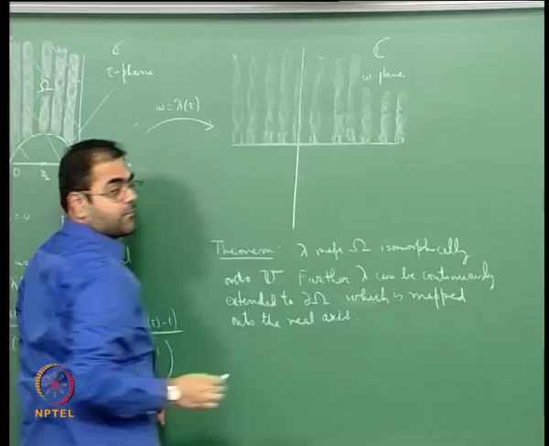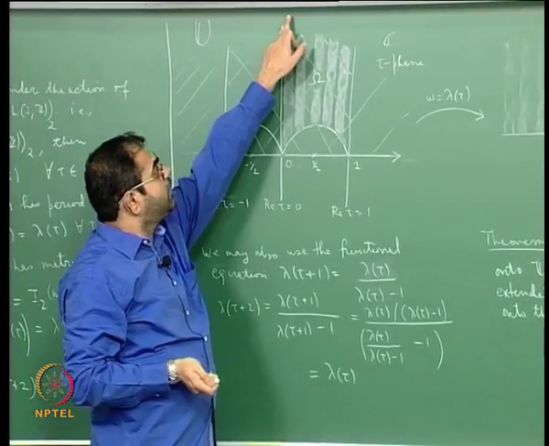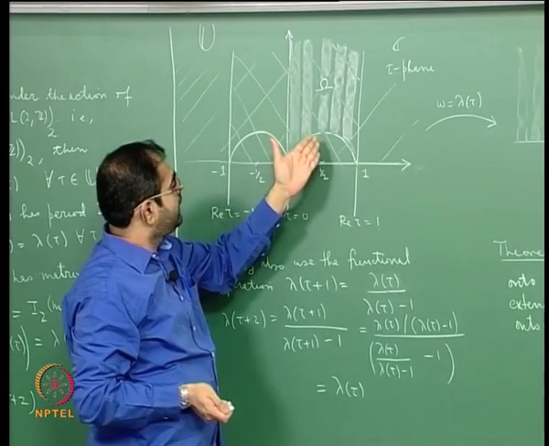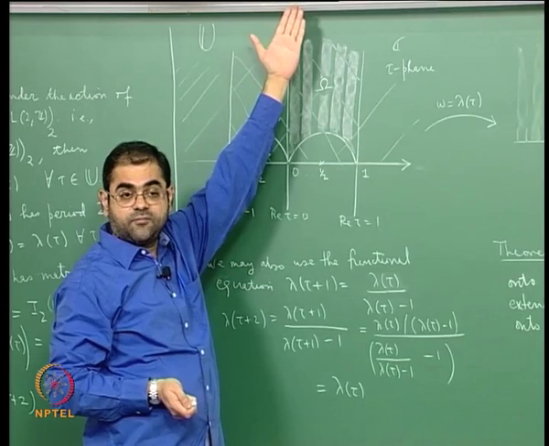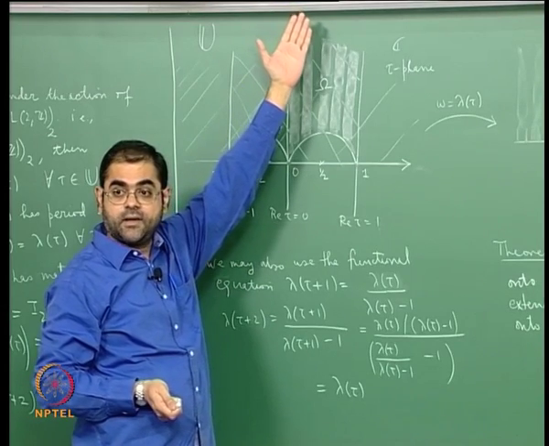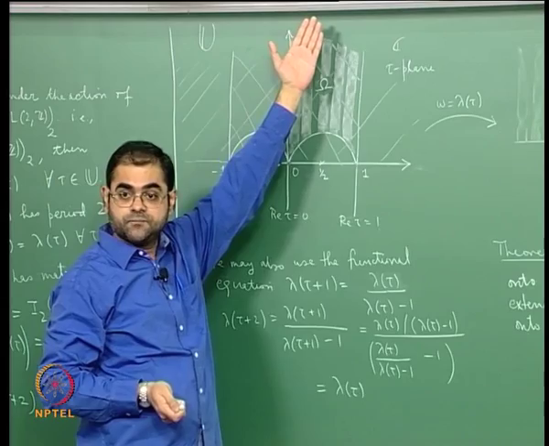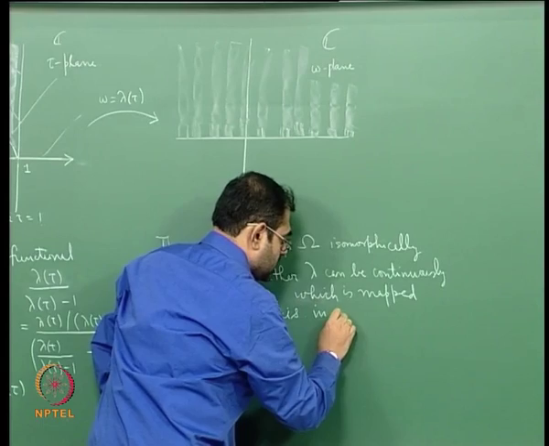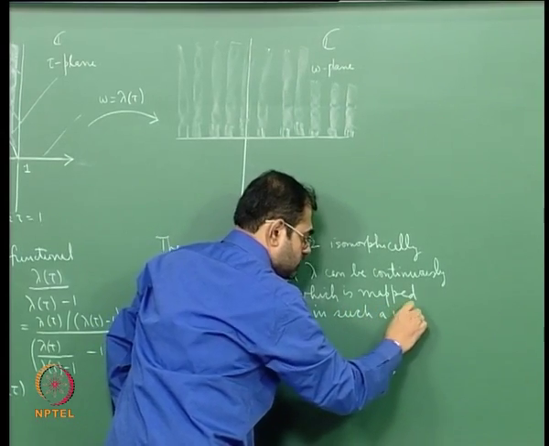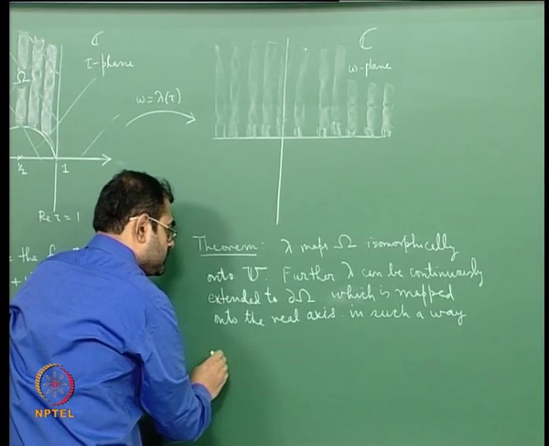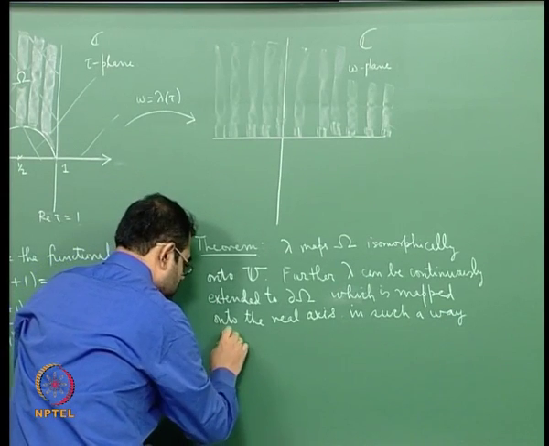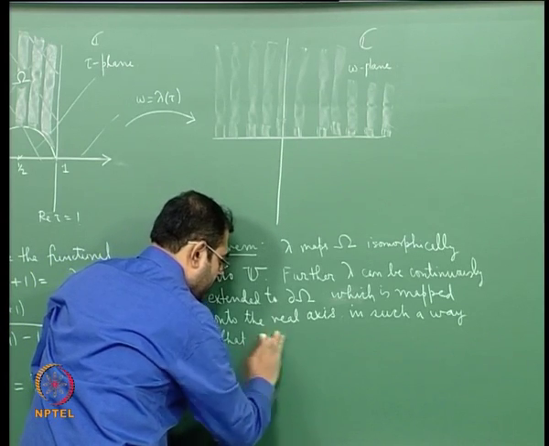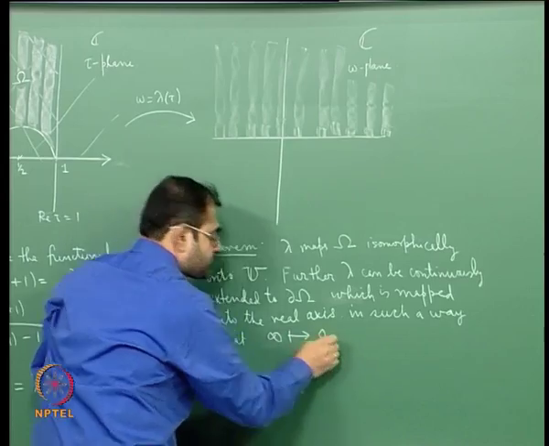which values are going to be mapped to which. You see, the value of lambda at the point at infinity will turn out to be 0, okay. So the point at infinity goes to 0, okay.